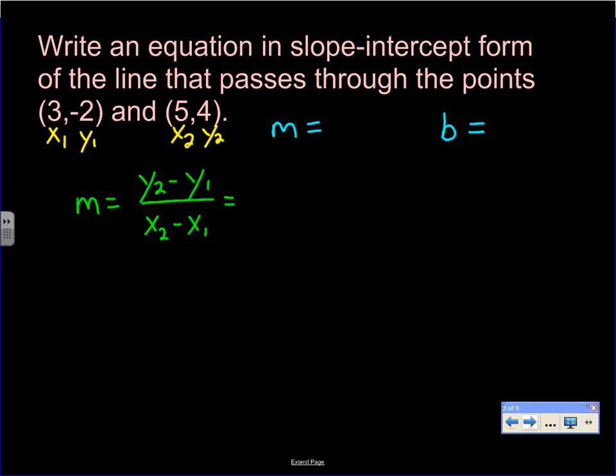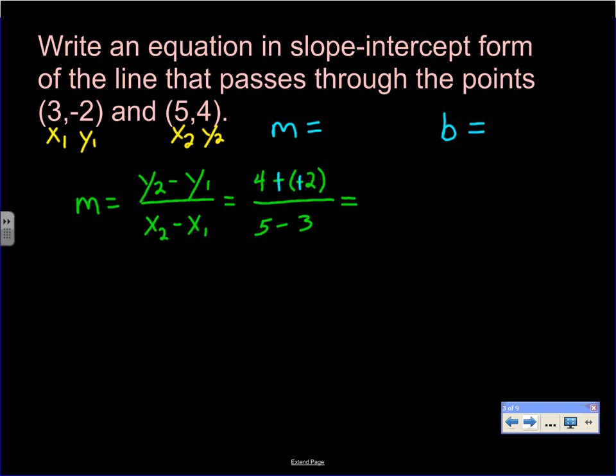Y2 is going to be 4. Y1 is -2. X2 is 5. And x1 is 3. So from this, when we minus a negative, as we are doing up here on the top, we change it to a plus.